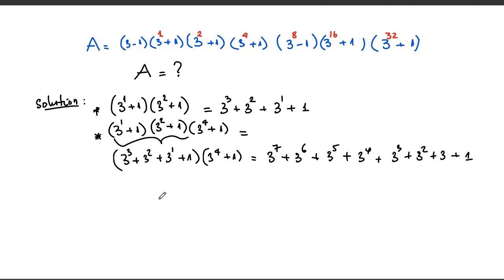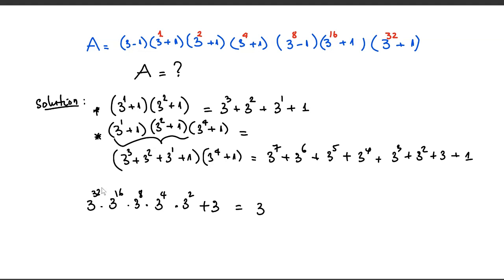Now you see the pattern. The power starts at 7, then goes down by 1 unit, and another 1 unit, and another 1 unit until 3^0. So over here, we would get all of this multiplied by 3^32 times 3^16 times 3^8 times 3^4 times 3 squared times 3.